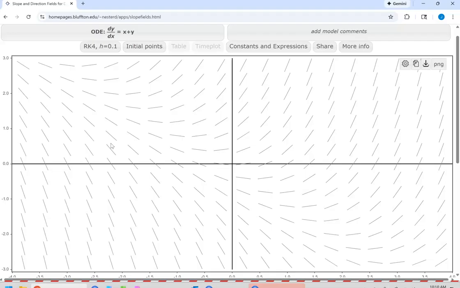Let's plug in (1, 1) there. Which means the slope of this little line at the point (1, 1) should be 2. That's all it's doing. It's just graphing tiny little tangent lines, because if I change my x or my y a little bit, the slope is going to change. That's why it's tiny little tangent lines.